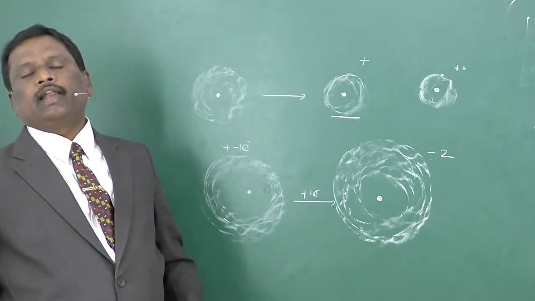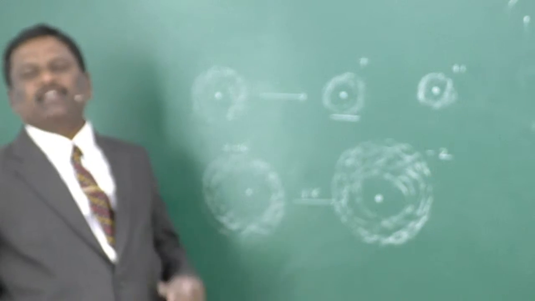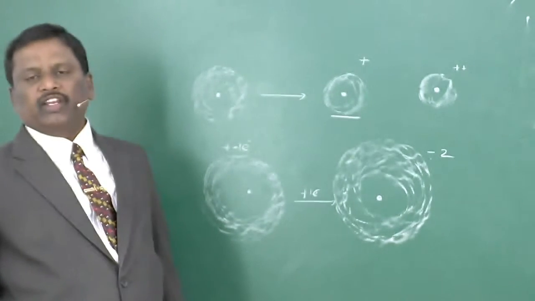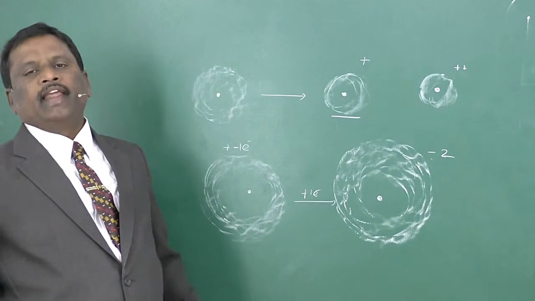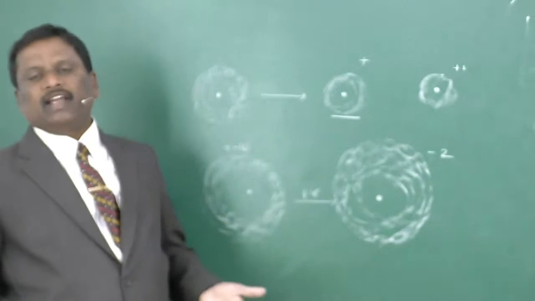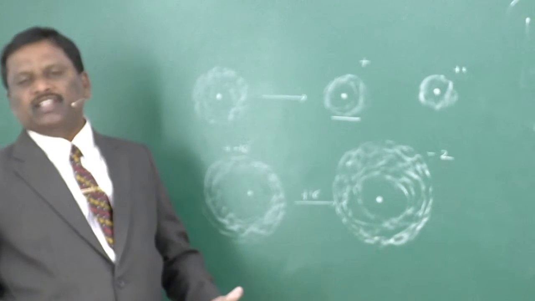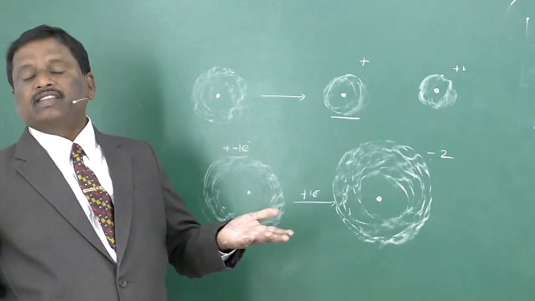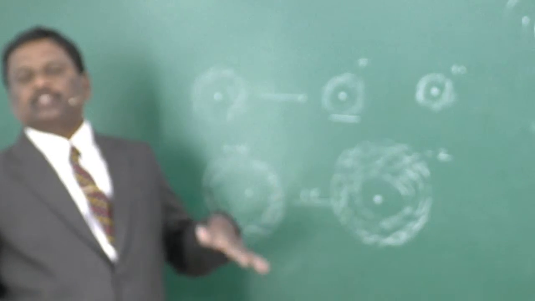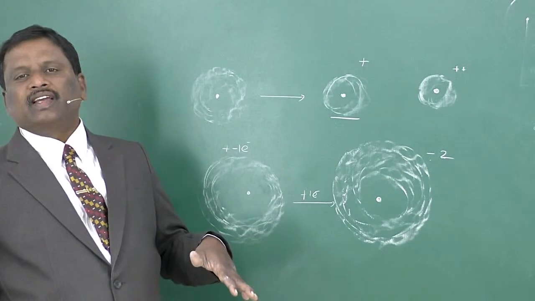In isoelectronic species, which have the same electronic configuration, negative ions will have larger size, whereas positive ions will have smaller size. As negative charge increases, size increases. As positive charge increases, size decreases.